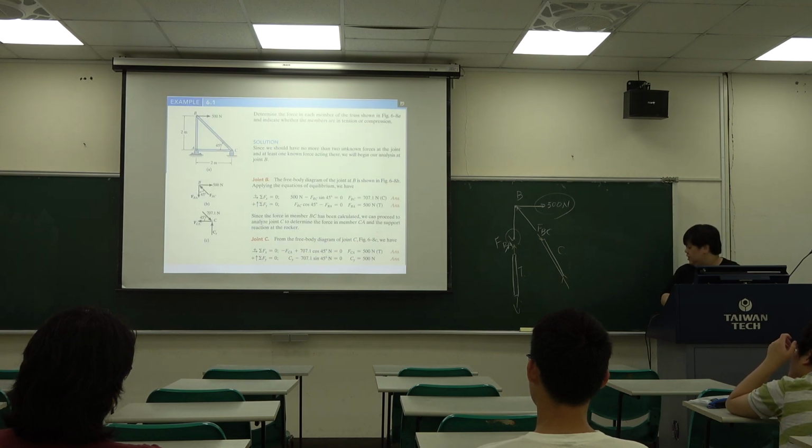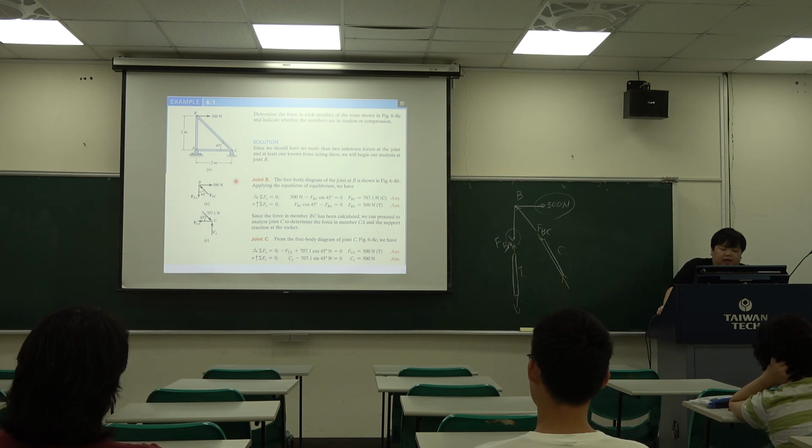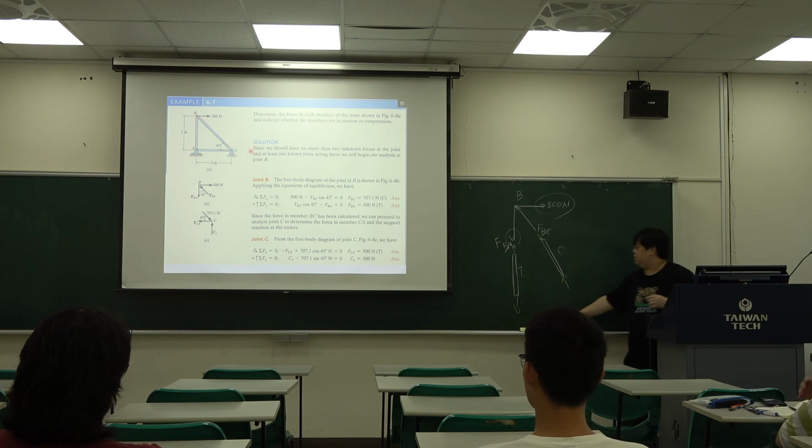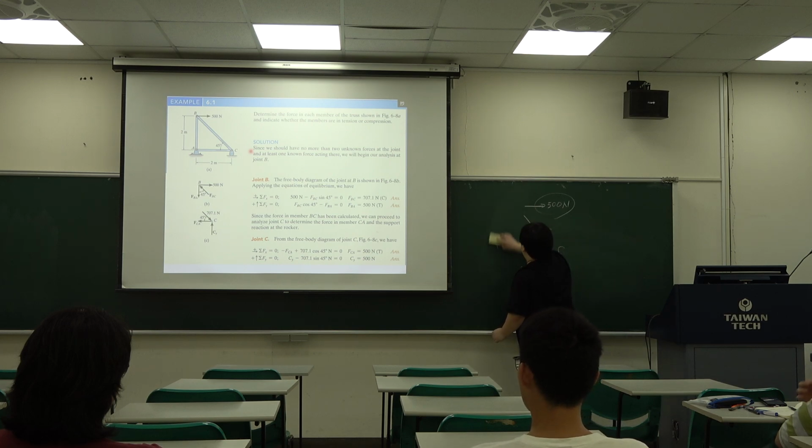Okay, so we can see this example. Determine the force in each member of the truss shown in this figure, and indicate whether the members are in tension or compression. So we can draw this free body diagram first, then check every truss member, whether tension or compression.